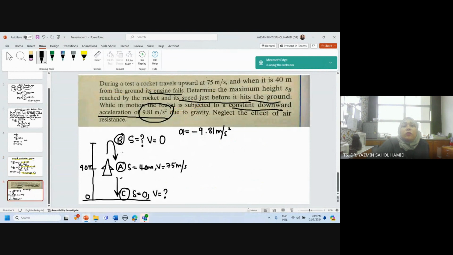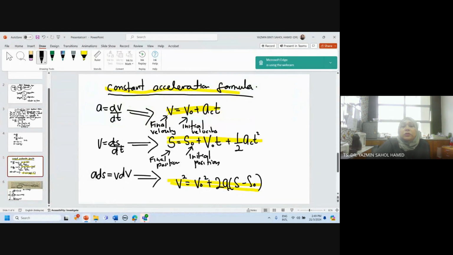Okay, now for the first question, they ask you to find the maximum height. If you use the first equation, there is no maximum height. Do you understand? There's only final velocity, initial velocity, acceleration, and time. What we want to find is S. So you can't be using the first equation.